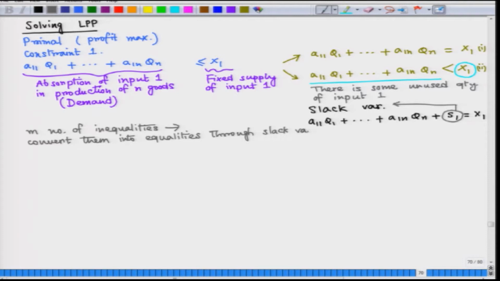Now note that these slack variables, which are given by capital S1, capital S2 for the second constraint, and then finally Sm for the mth constraint, are also decision variables, because we do not know their values a priori.